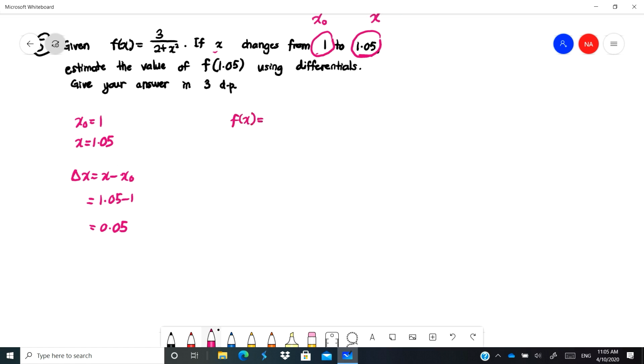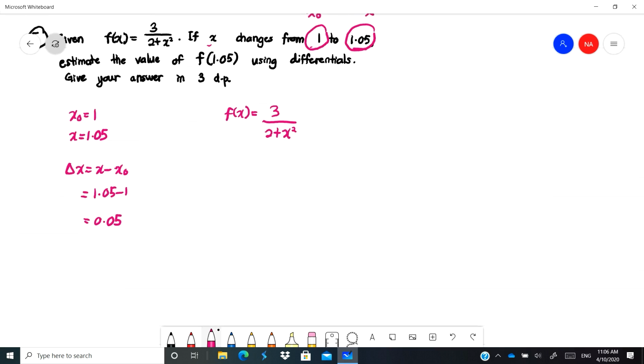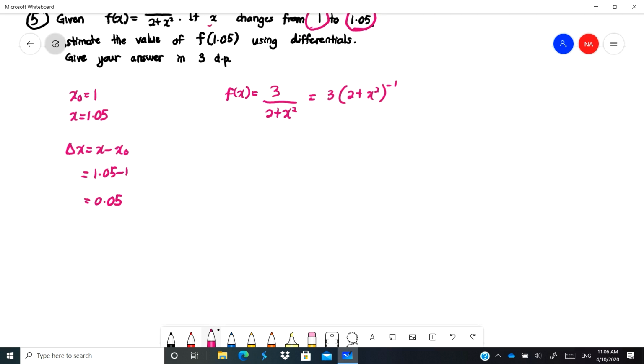We have the function f(x) equals 3 over 2 plus x squared. I prefer to write it in this form so that it's easy to differentiate. We have to find f of x naught, so we substitute the value of 1 into this formula: 3 over 2 plus 1 squared, and we get 1.